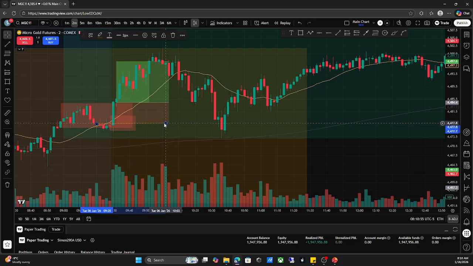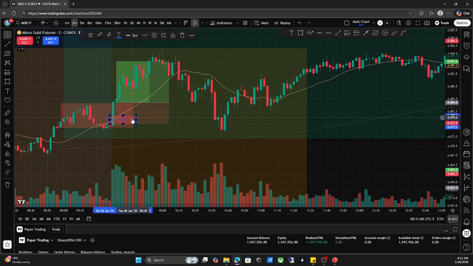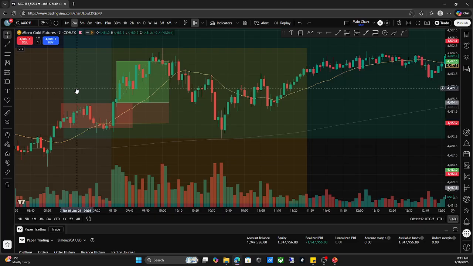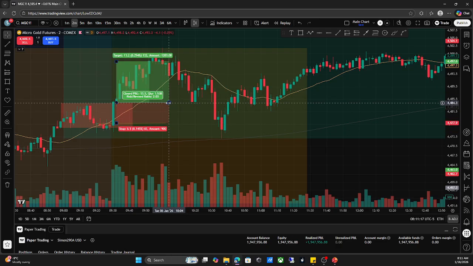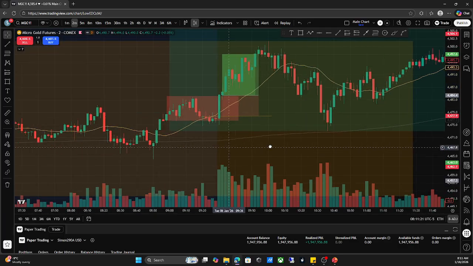You divide it into 2. Then okay, you divide it into 2, and then you put your stop loss here. Yeah, there. On the half of the second half. And put your stop loss there, and you leave the wick. So just to reduce your risk, because here you are actually risking too much.